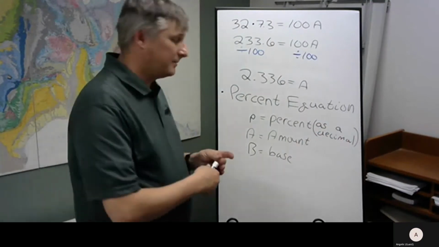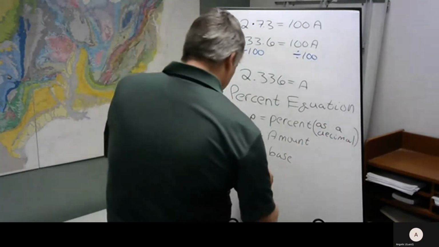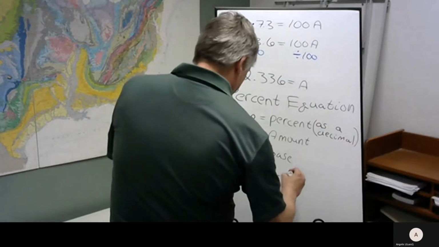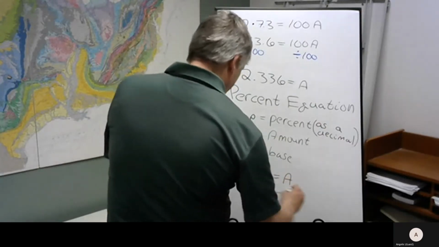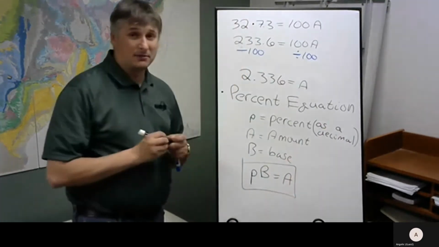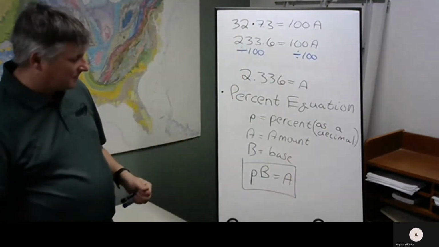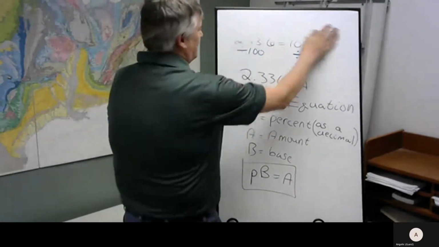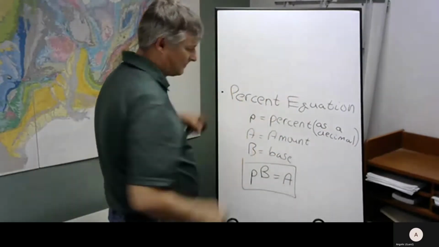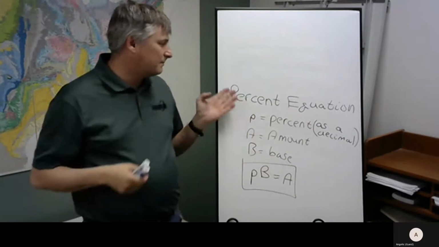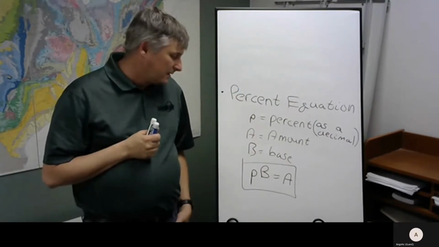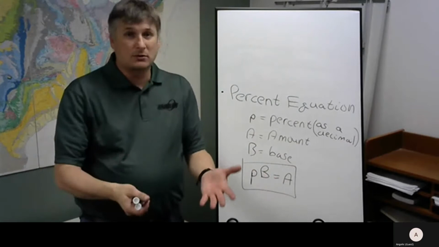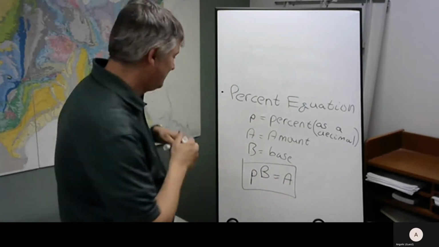So the formula we're going to get, the percent as a decimal times the base equals the amount. And just like with the percent proportions, you're going to be given two of these and solve for the other one. So I'm just going to do one example.